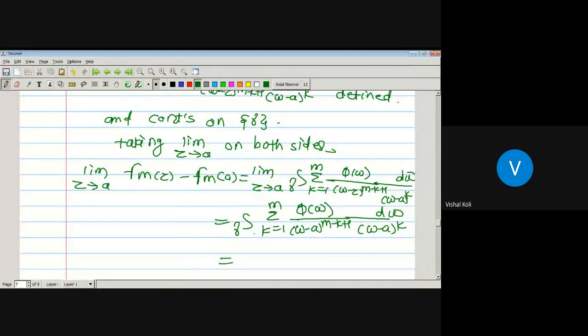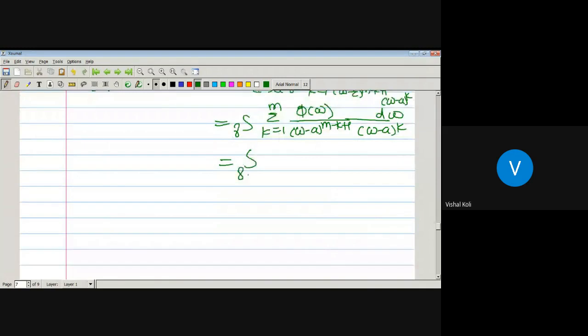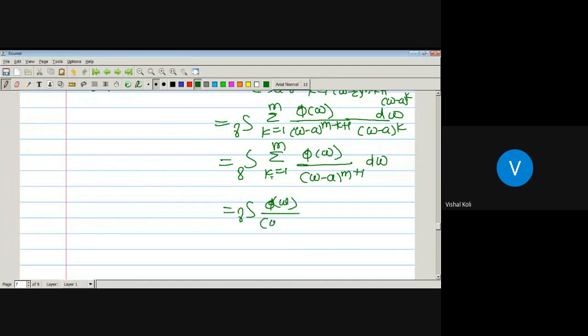Which is actually nothing but integral over the curve gamma summation k running from 1 to m phi of w divided by w minus a to the power m minus k plus 1 into w minus a to the power k, where k minus k cancel, so w minus a to the power m plus 1 into dw. As the sum is running over k, this is phi of w divided by w minus a to the power m plus 1 into dw, and into summation k running from 1 to m of 1.